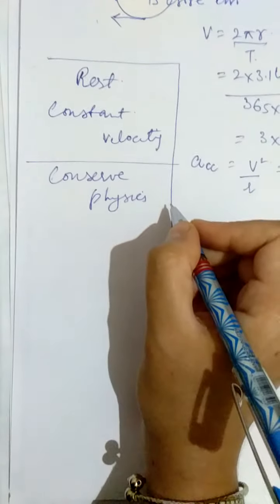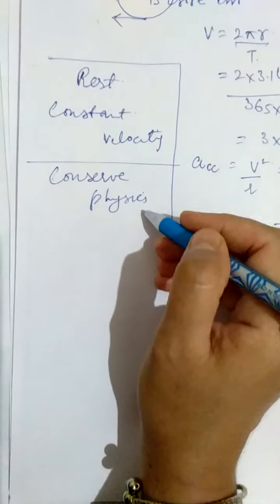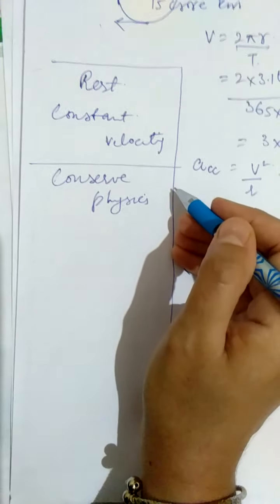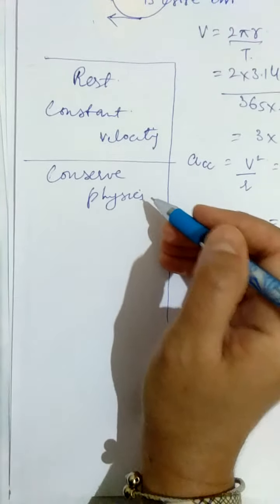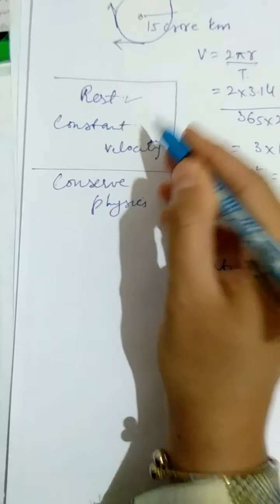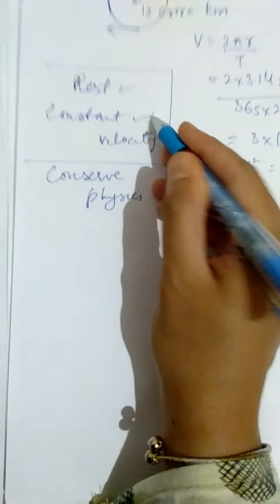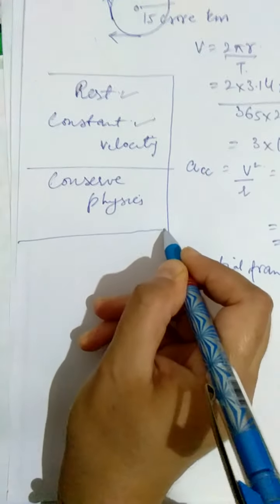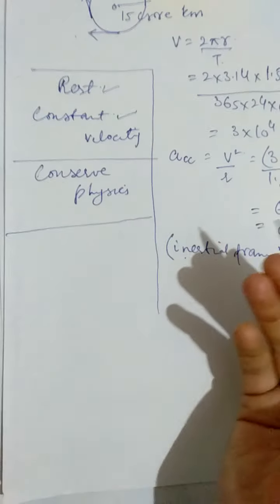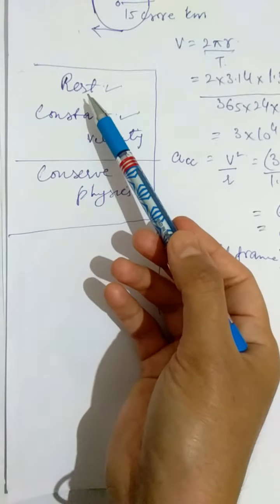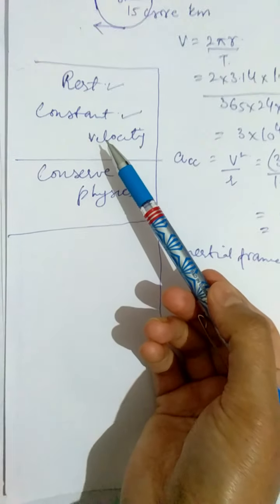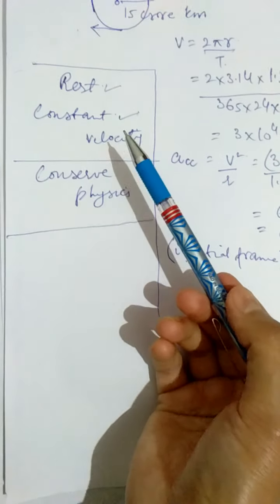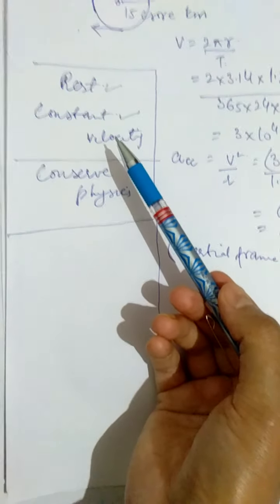Our aim should be that the laws of physics, the output of the results, do not change whether we observe an event in a rest frame of reference or in a moving frame of reference with constant velocity.